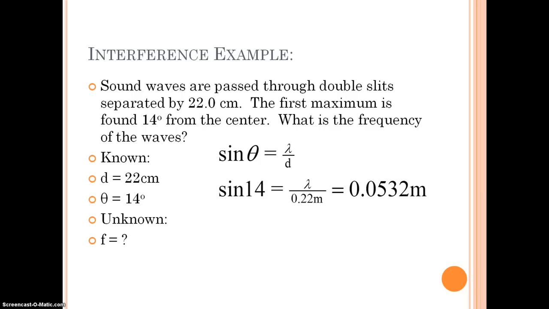Because we know v equals f lambda, which here is rearranged for frequency, we can go ahead and solve for the frequency. Here they use 340 meters per second. If you use 340 or 345, if it's not given, either one will give you a very close answer, so either way is fine. So this would be a simple example of how you use an interference problem.